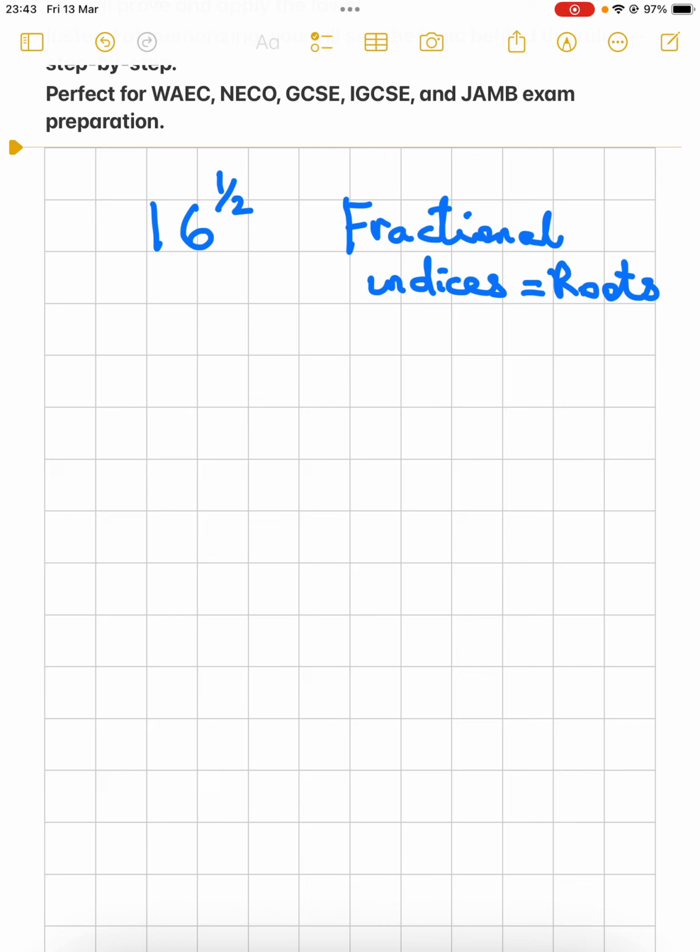Now let's start with some logical pattern.